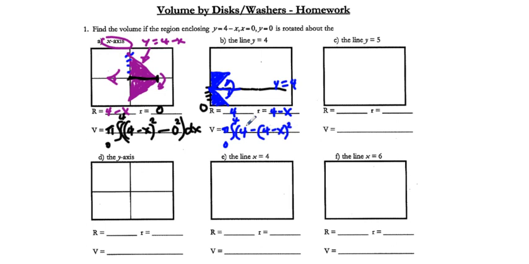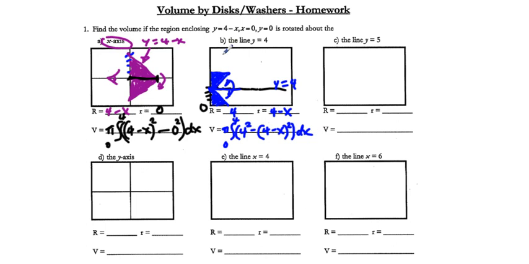Oops, I forgot big R squared. That 4 will be 4 squared. Okay, big R squared, that's 4 squared, minus this squared dx. Okay, so that's going to be this one.